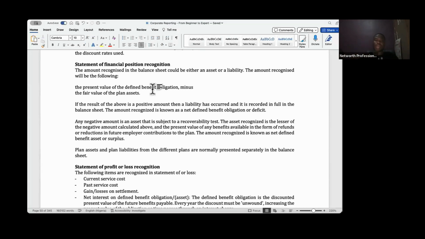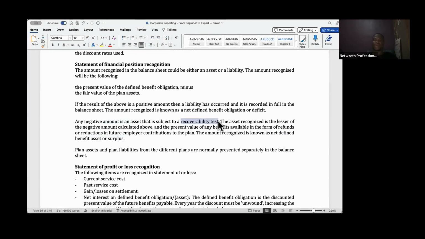So that would be like a surplus, or the standard calls it a net defined benefit asset or a surplus. However, because this will now be recognized as an asset, we need to subject it to a recoverability test. And what do I mean by that?